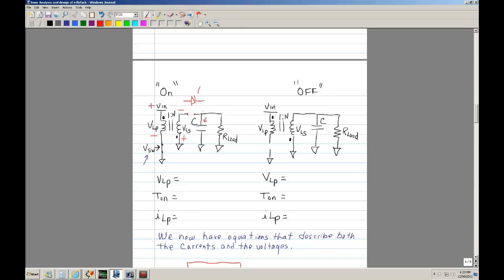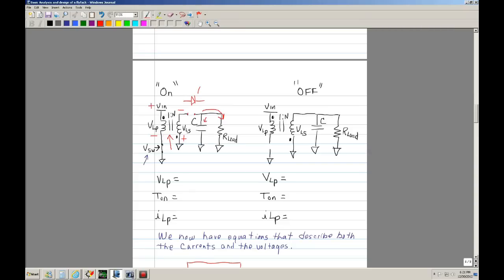So basically this capacitor is providing the voltage to the R load. During this time, the energy is being stored in the primary inductor.